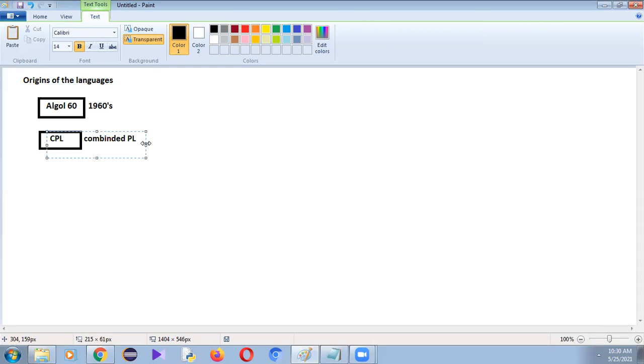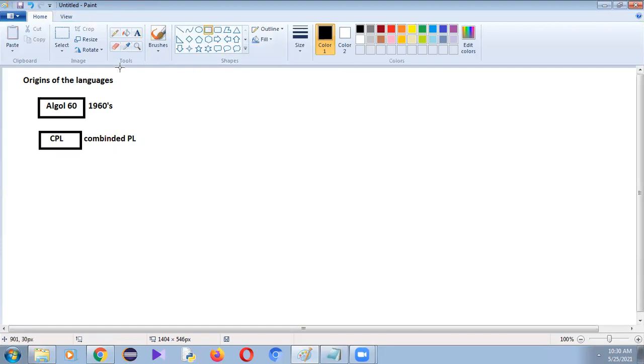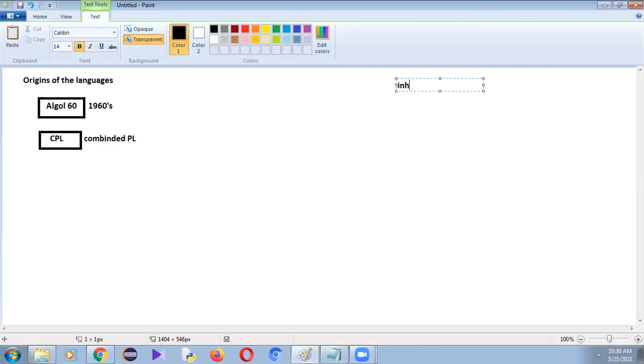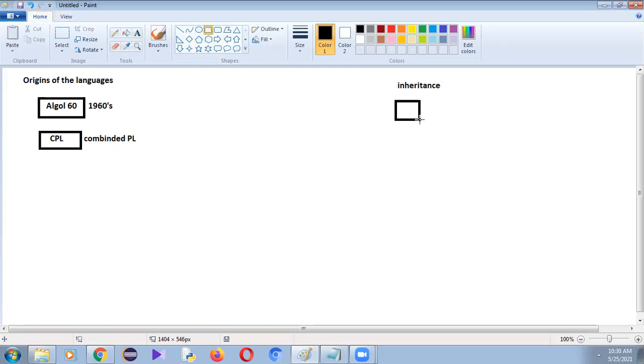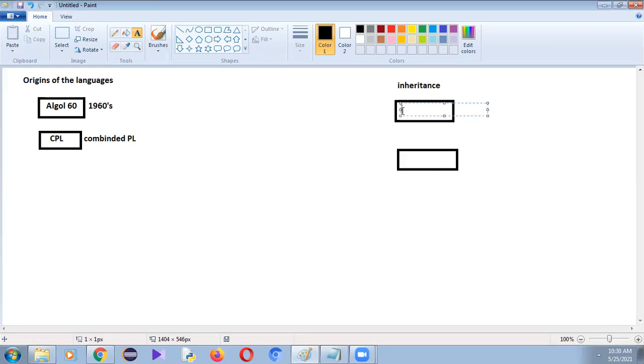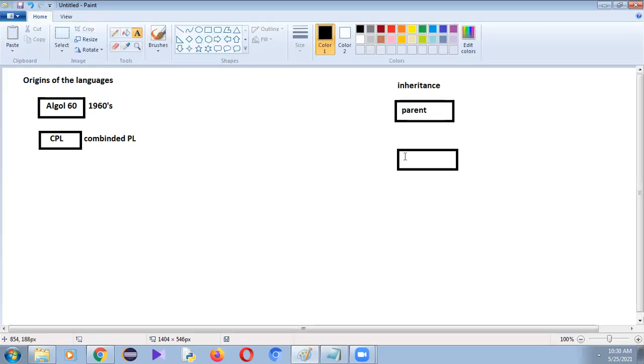So let me briefly explain the inheritance concept. Why? Because we are using this word in this example, that's why I want to explain it briefly. Assume that this is parent and this is child.